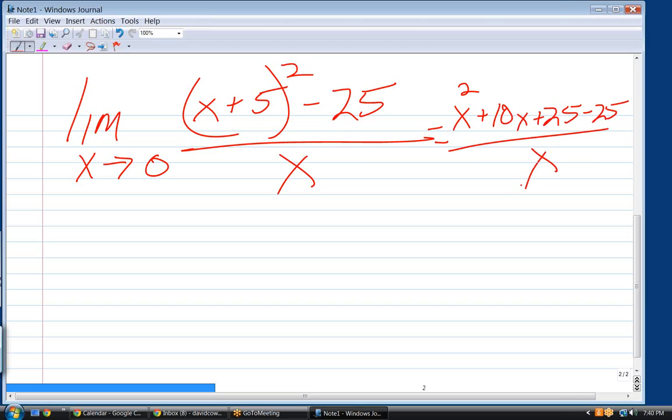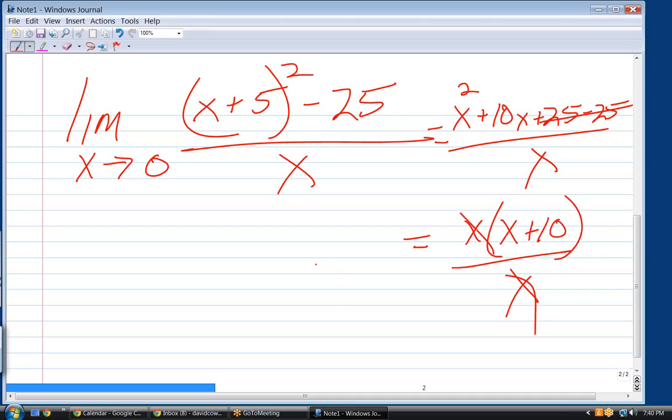The 25s go away. Now factor the top. So then you get x times x plus 10 over x.